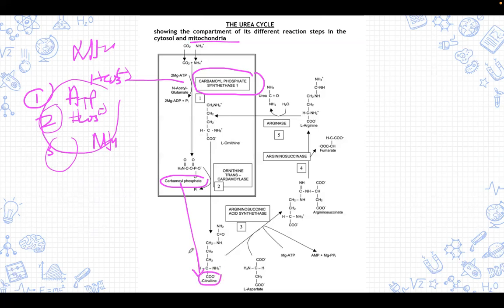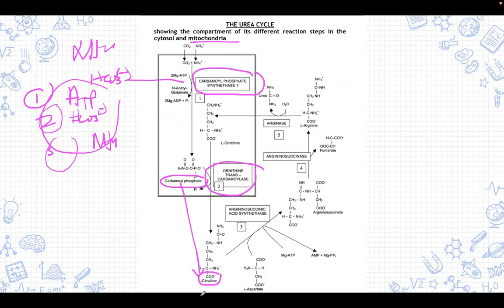But this carbamoyl phosphate needs an enzyme pa rin to catalyze that reaction, yung tinatawag natin na ornithine transcarbamoylase, para maging citrulline siya.